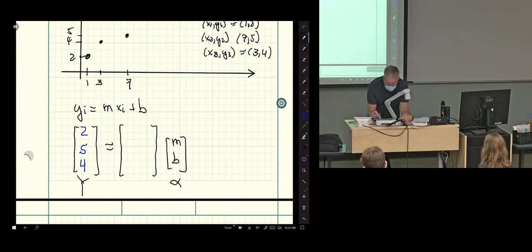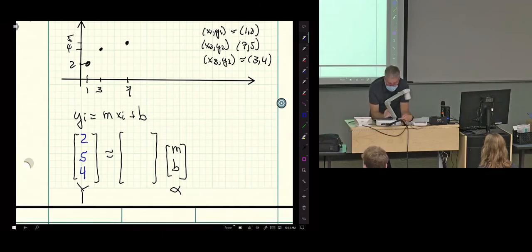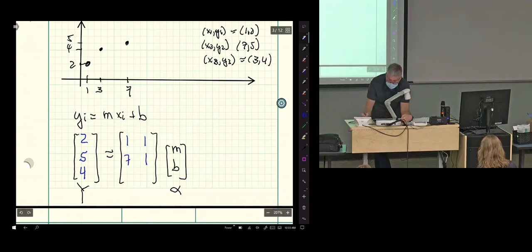What's multiplying m in the first row? Well, that's the x value, and that was 1. And what's multiplying b? That's always a 1 in every single row of the equation. And for y2 equals 5, x2 was 7. This is always 1. And then for y3 equals 4, we have x3, that's 3, and this is always a 1.